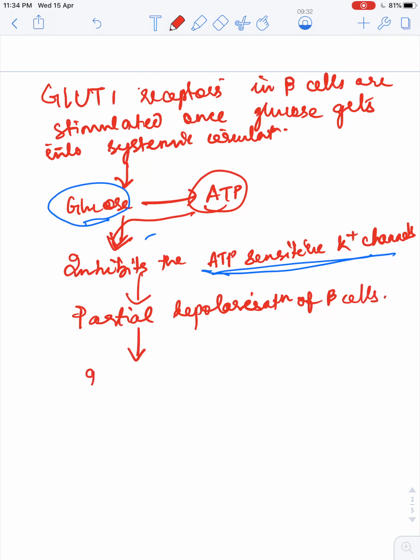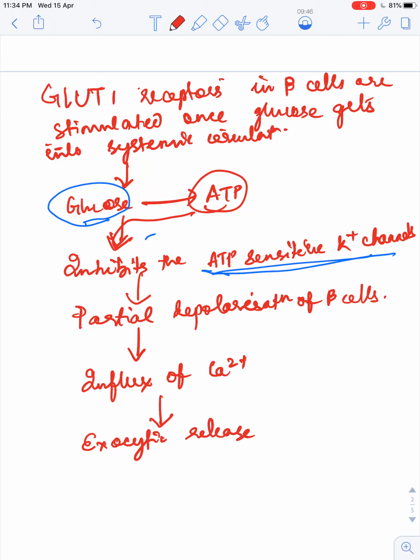This leads to influx of calcium into the cells. Then this calcium influx causes exocytic release of insulin.